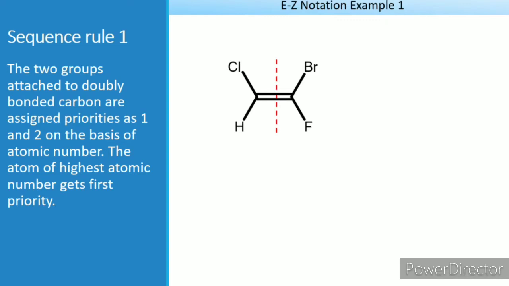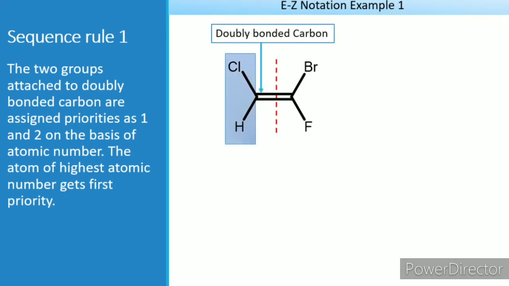So, first concentrate on the left side of the molecule. The two groups attached to the doubly bonded carbon are chlorine and hydrogen. We will write their atomic numbers. So, the group with the highest atomic number in this case is chlorine, and it will get priority over hydrogen. So, we will write it as 1 and 2.